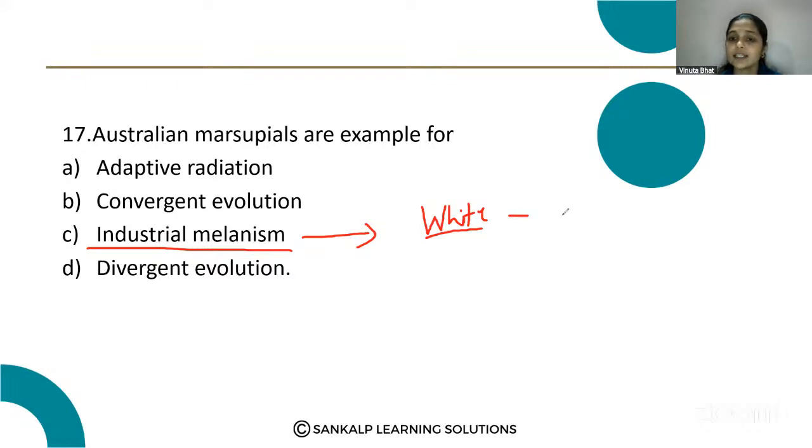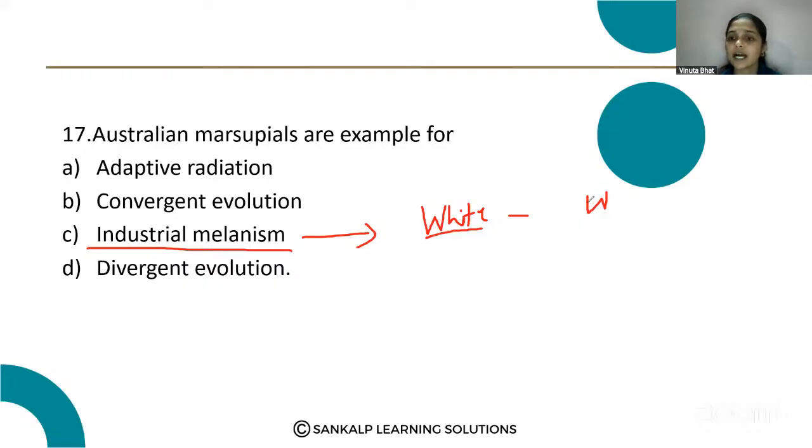After industrialization, pollution removed the lichens, and the white-winged moths were clearly seen and captured by enemies against the contrasting background.